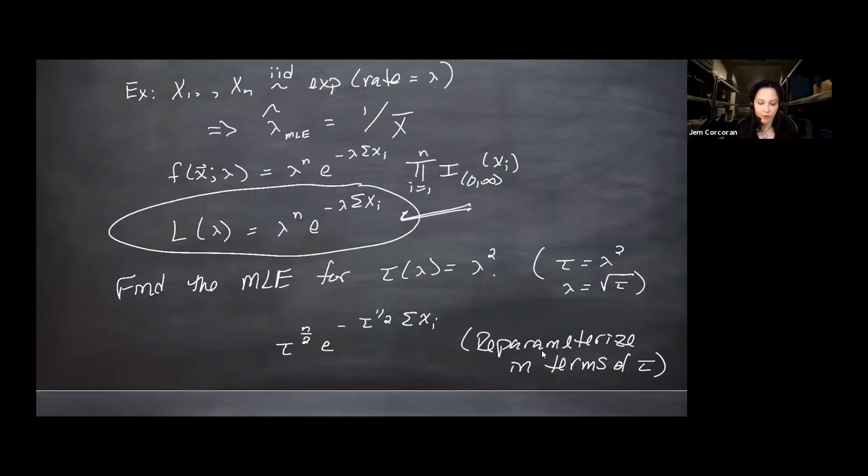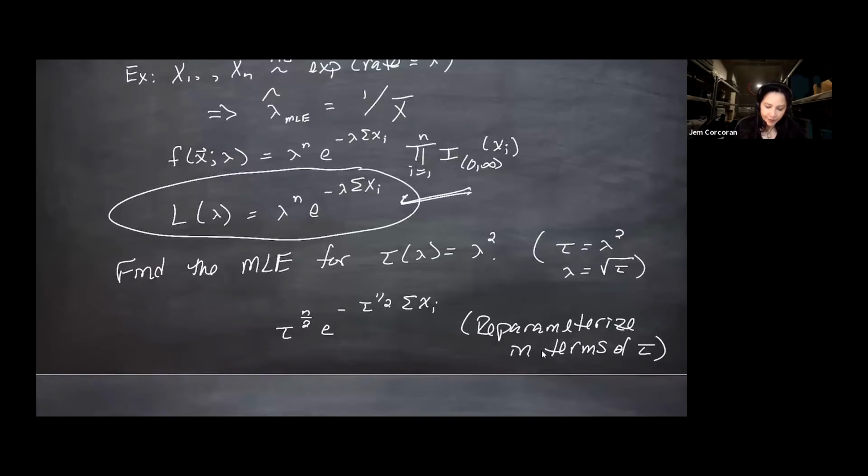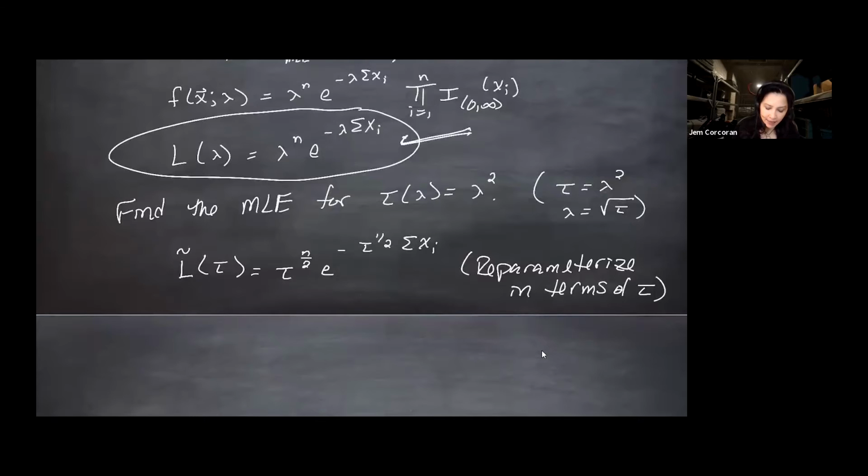Because this one didn't have those 1/2s in it. So this is like an L tilde of tau. It's a new likelihood function. And then you would just do it: take the log of this, take the derivative, and set it equal to 0. What you'll find in the end is your MLE for tau is going to be 1 over x bar squared.